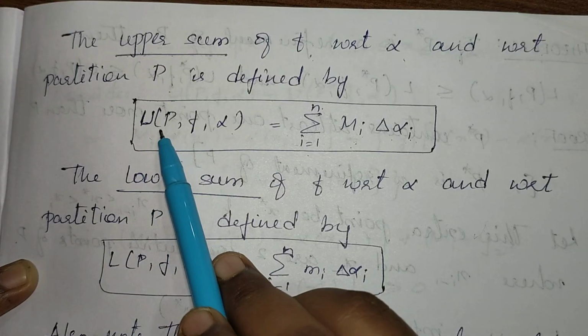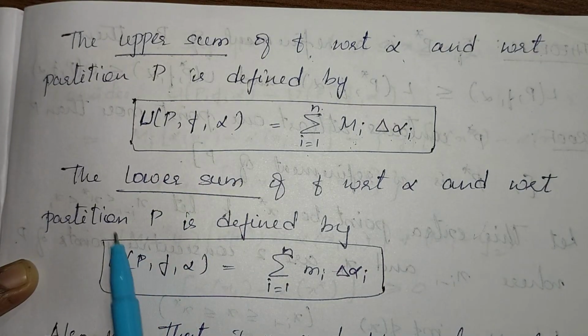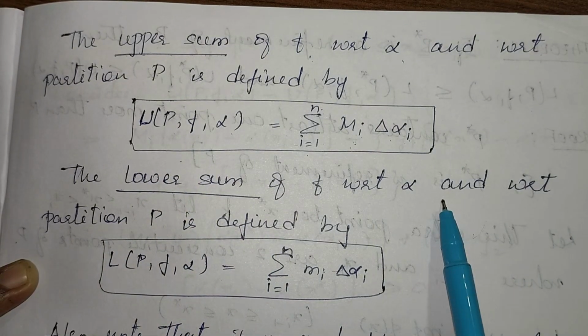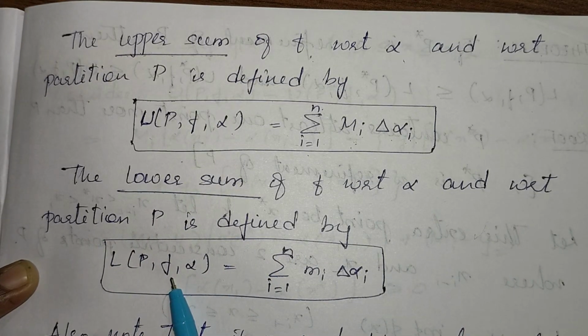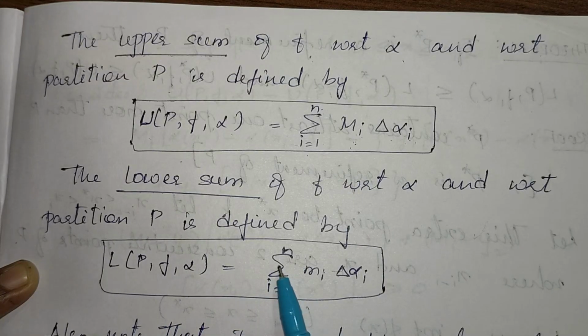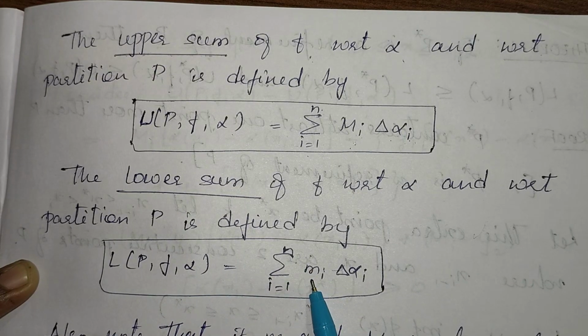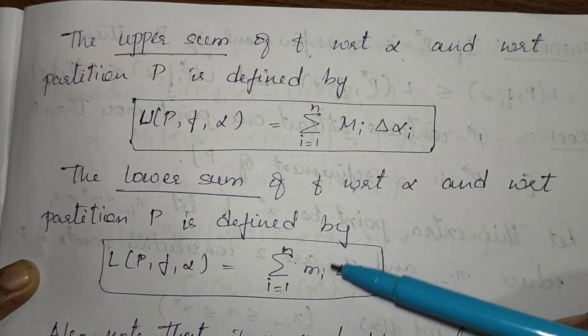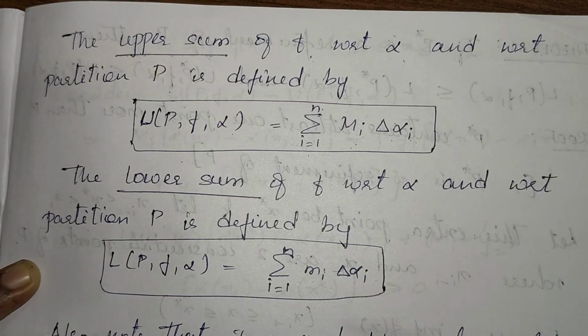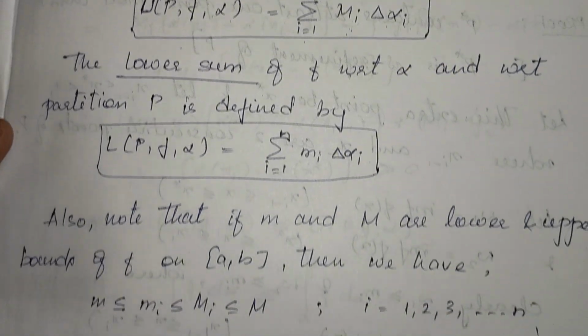So similarly, the lower sum of f with respect to alpha and with respect to partition P is defined by L(P, f, alpha) equal to the summation i equal to 1 to n of small mi into delta alpha i. See, here we have supremum and here we have infimum. Okay, that's it.